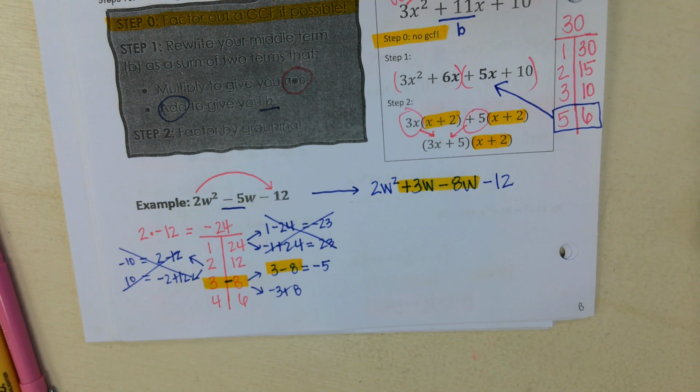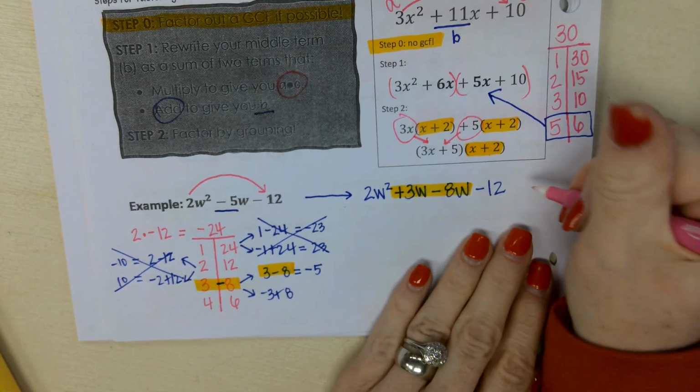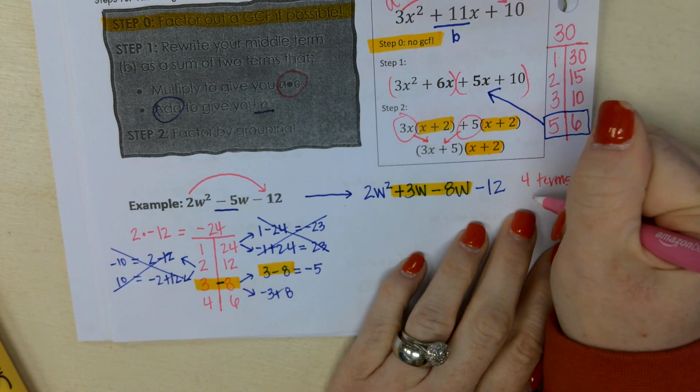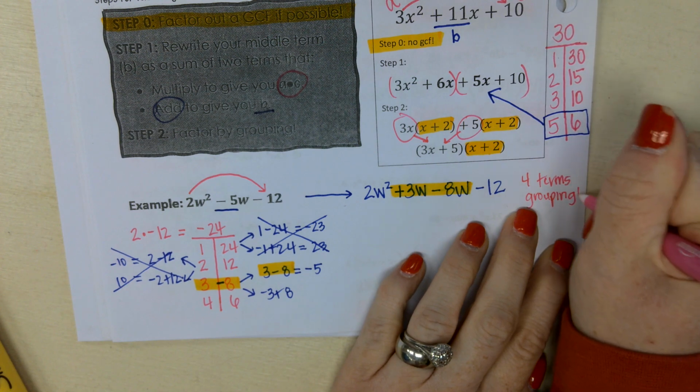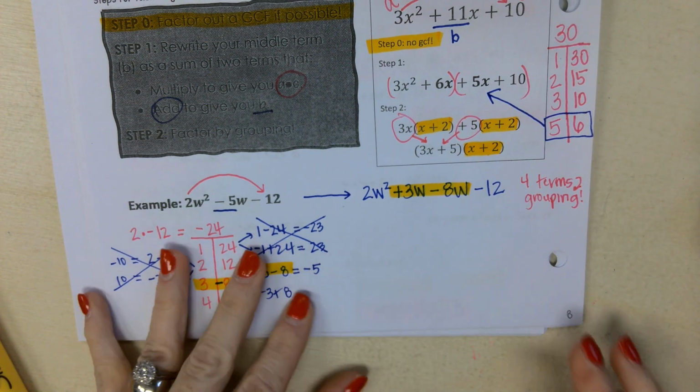Okay? Now that I have 4 terms, I'm going to factor by grouping. Okay? 4 terms, we're going to factor by grouping.